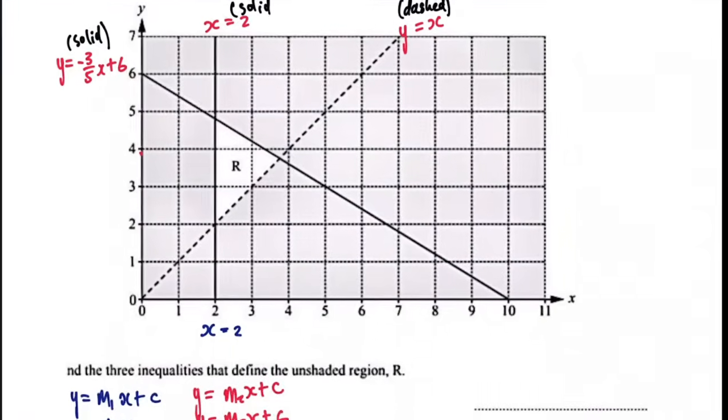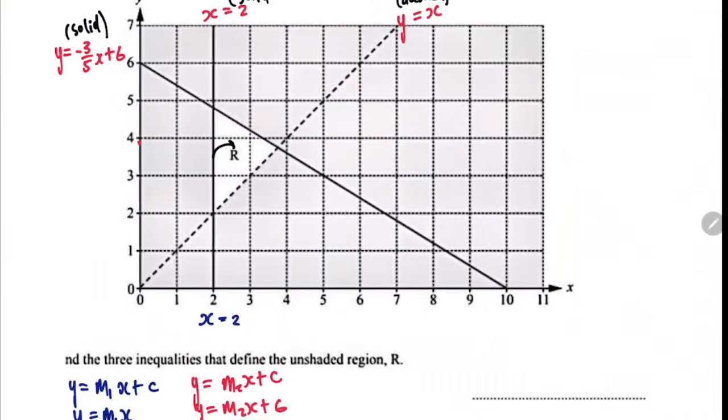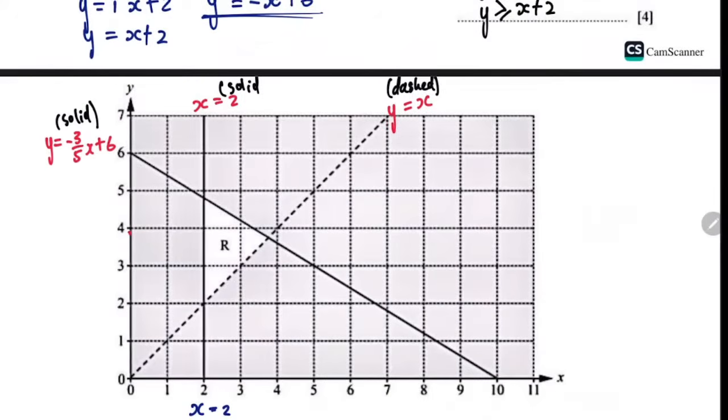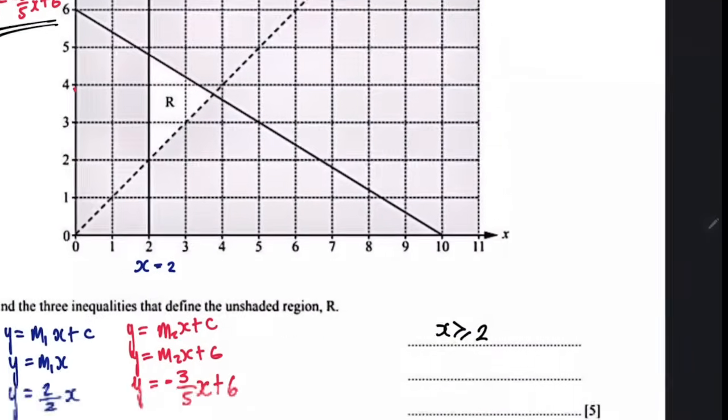So here you can see it is on the right hand side of the line x equal to 2. So x is greater than. And since it's solid, you say or equal to 2. Then this region is below this line of negative 3 over 5x plus 6. It's below it. So y is less than. And since it's solid, it's less than or equal to.